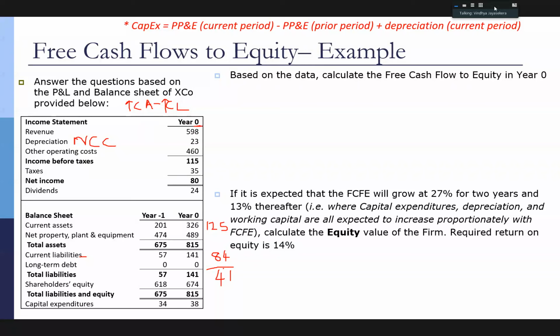We strip out all of those receivables and payables to bring our profit and loss statement to a cash flow statement. Inside the profit and loss statement, there are receivables and payables. So I have to take all of that out. That's what we do by looking at the changes in working capital, right?